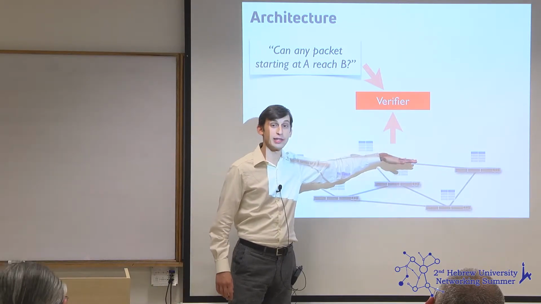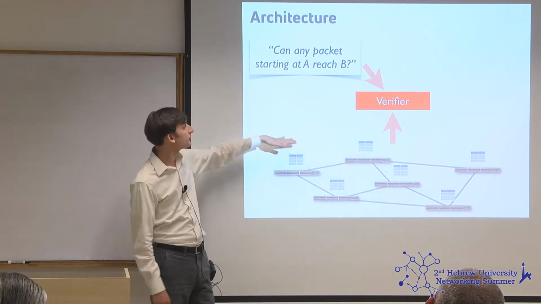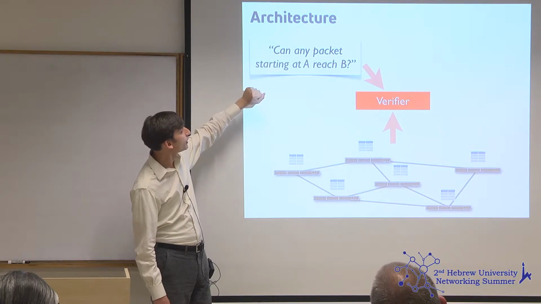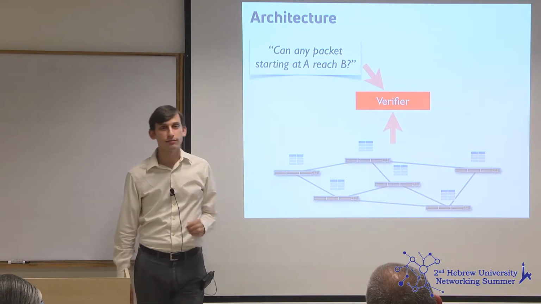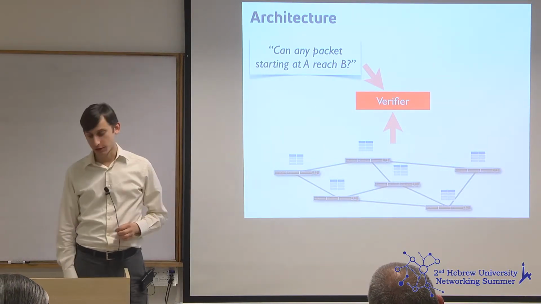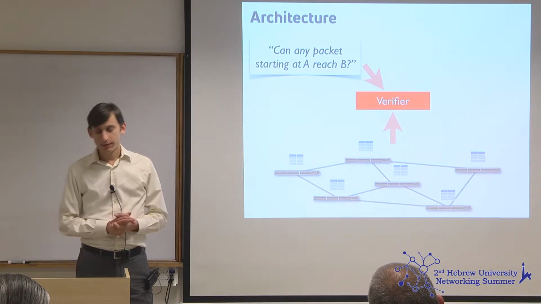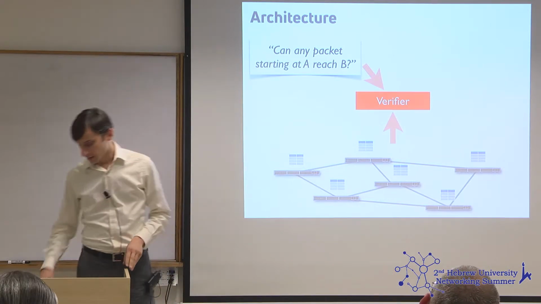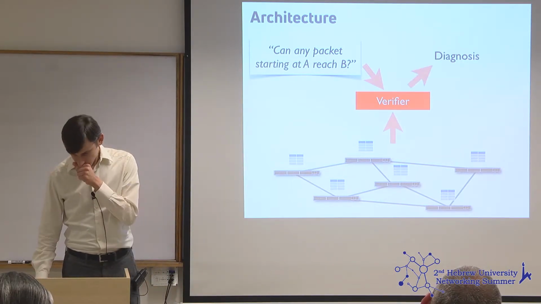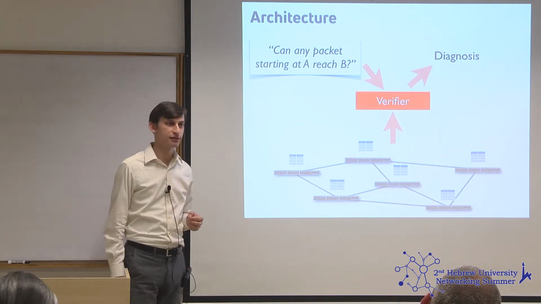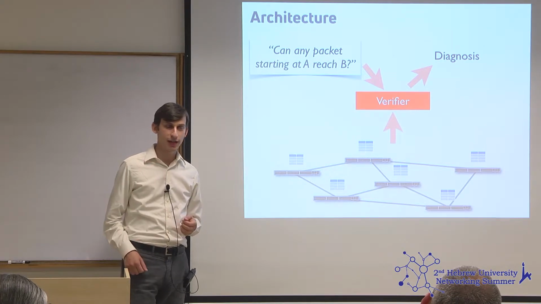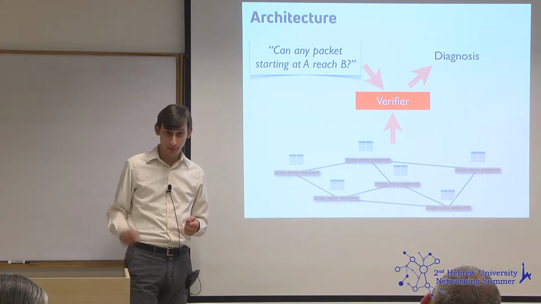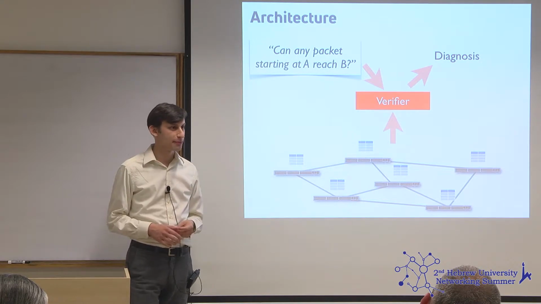It needs to know what the reality of the network is and the intent that it's supposed to verify. Like, for example, can any packet starting at A reach B? Very simple question. And then we'll have some sort of diagnosis. We'll say either, yep, that always happens, that can happen, here's an example, or no, it can never happen.